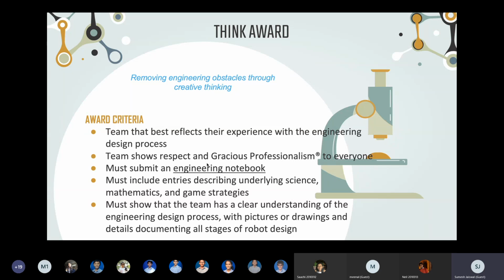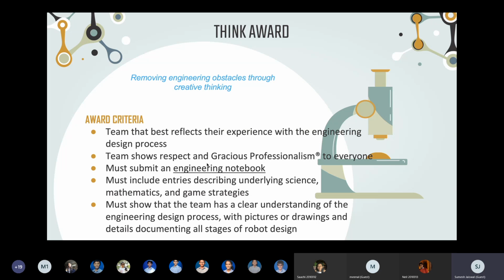For example, if you have done something specific in your robot that you would like to explain, such as the science behind it: if you are shooting the ring from your robot to the mid goal or the high goal, then you need to include information on how you computed the angle at which you should launch the ring, and how you controlled the distance that the ring will travel by varying, for example, the RPM of your motor.